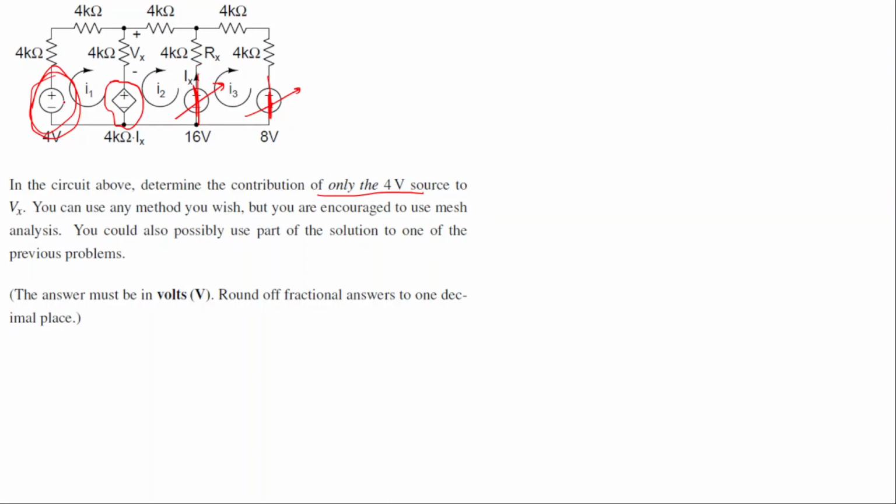Only the independent sources you need to consider while writing the contribution. You don't need to disable the dependent voltage source. Yes, sir, we won't disable it, but they will both be there, the independent 4-volt source and this dependent source. So when I calculate, will there be a contribution of this dependent source on Vx?